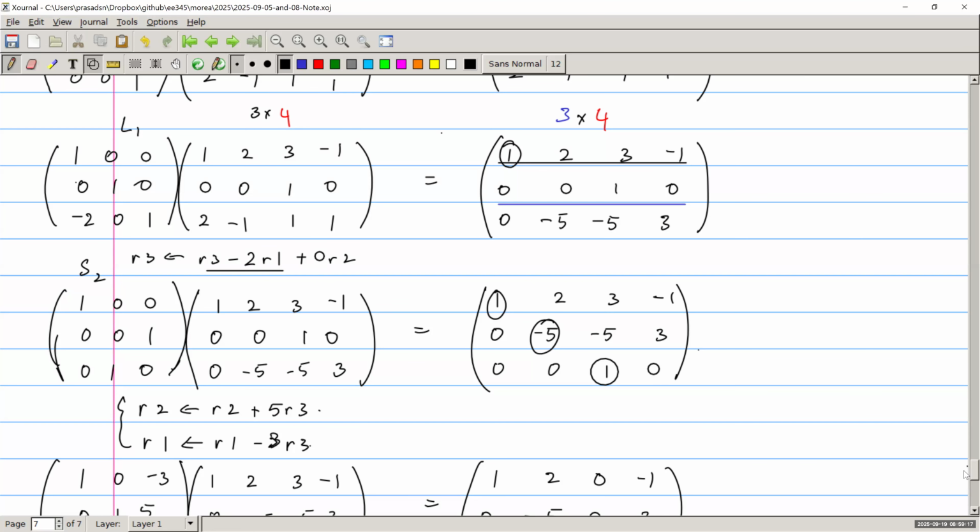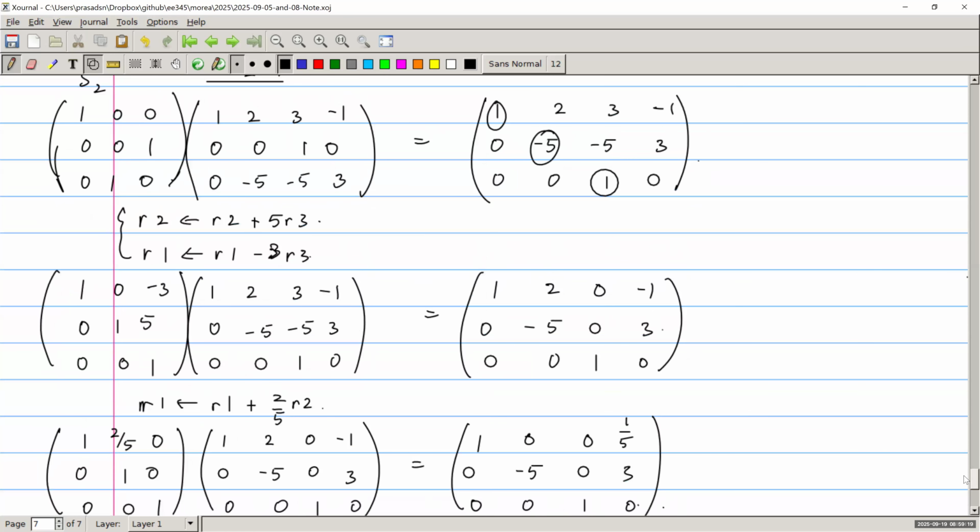And after that, we zeroed out entries above the pivot. Okay, whenever we zero out entries above the pivot, all non-zero entries live above the diagonal. All entries below the diagonal are zero. Okay, and just like we had lower triangular matrices, this is an upper triangular matrix.